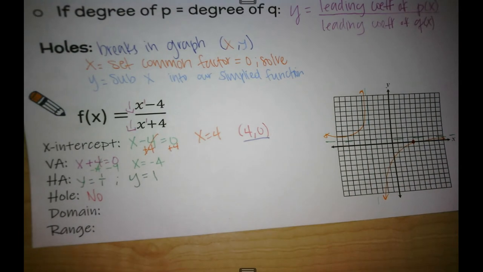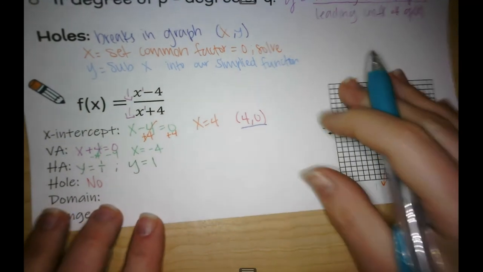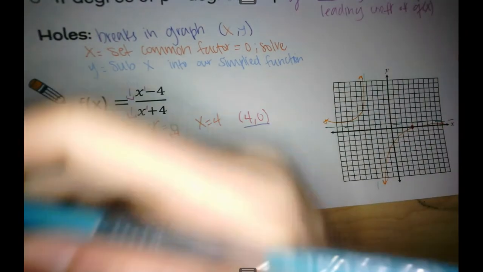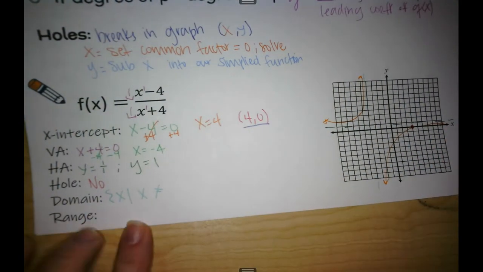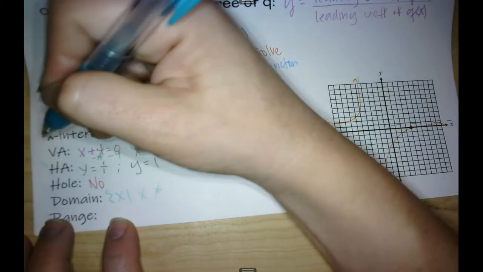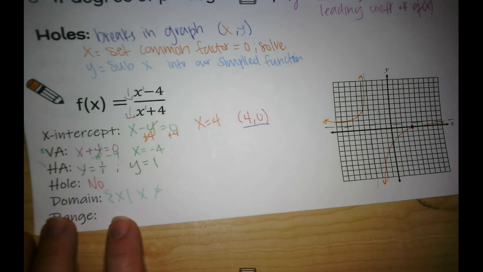Remember our domain and range are going to be x, and then we're going to do the x does not equal. So instead of doing actual ranges of numbers for our domain and range, we're looking at where x is not. And again, this still correlates with our vertical asymptote.